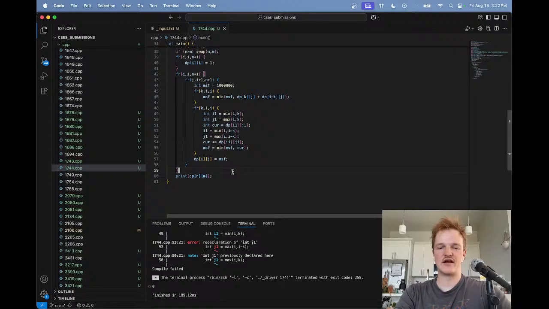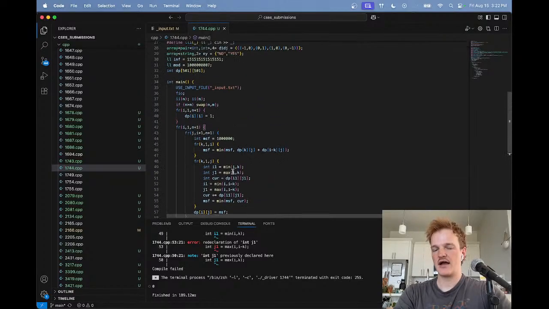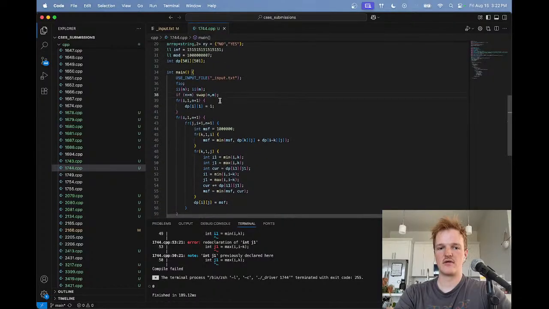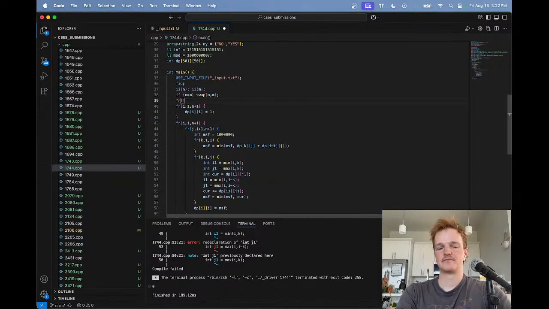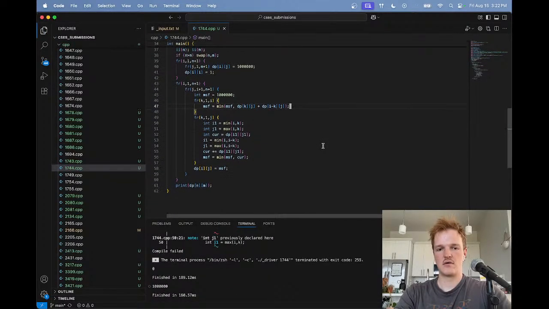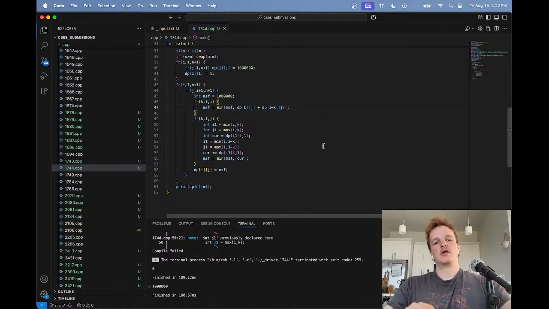Well, I never actually set anything to be anything, do I? I kind of want to set everything to be infinity except for these. For j up to m plus 1, dp at i at j is equal to 1,000,000. Shit.